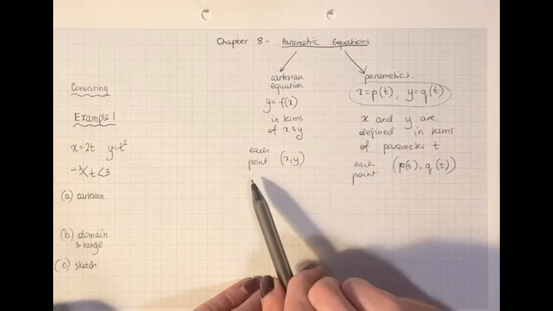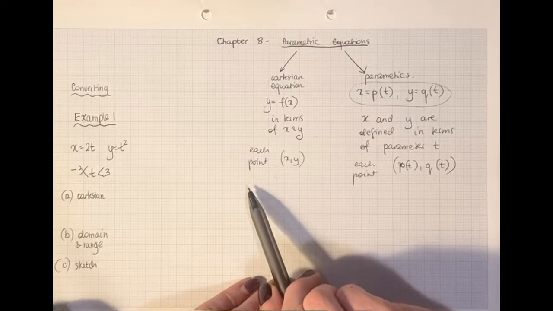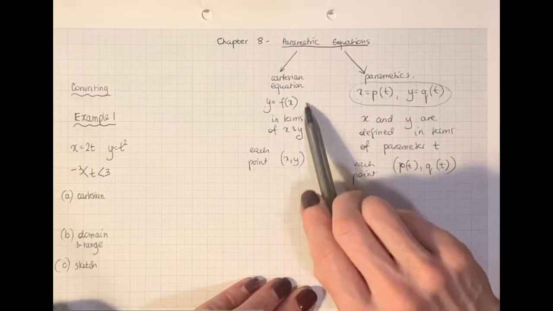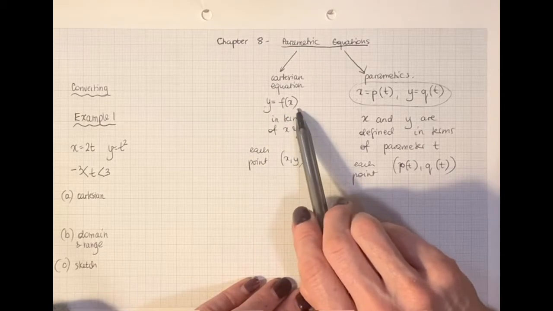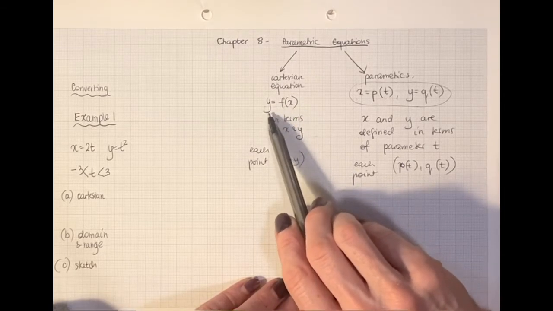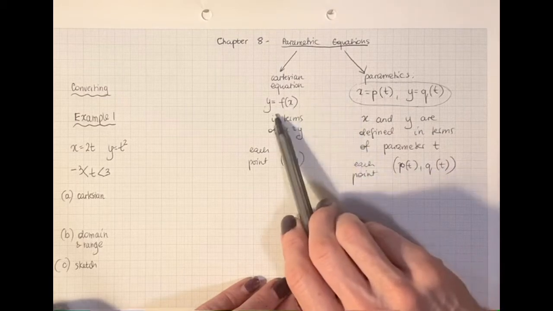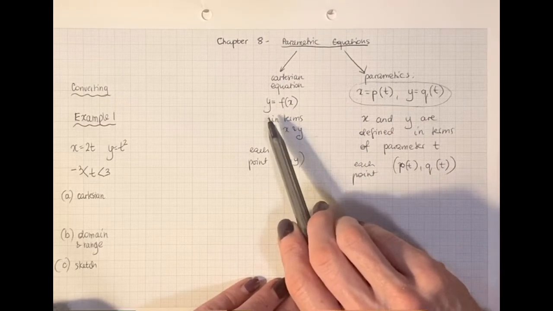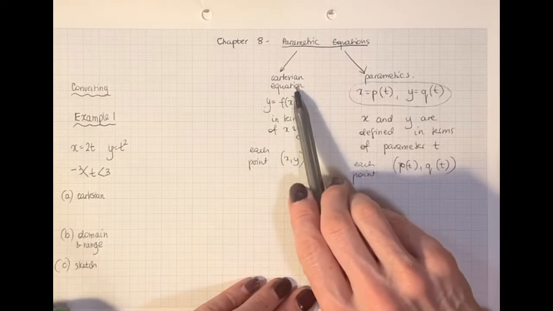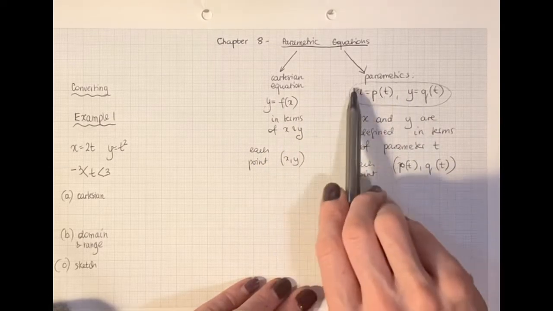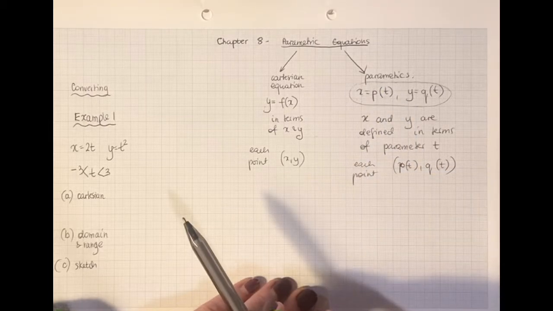So we'll practice this idea in a moment. If you do get an equation of a function just in terms of y and x, and very often it is possible to make y the subject, sometimes it's not, but as long as there is x and y involved only, then it's called a Cartesian equation. If there are two equations, they are called parametric equations.